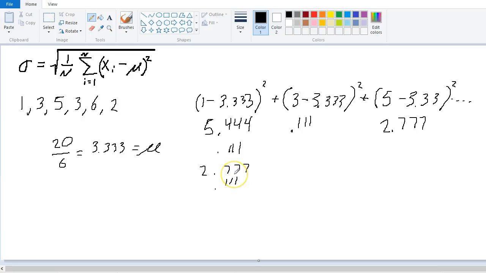Then 6 and 3.333 is going to give us 2.666, and squared that gives us 7.11.